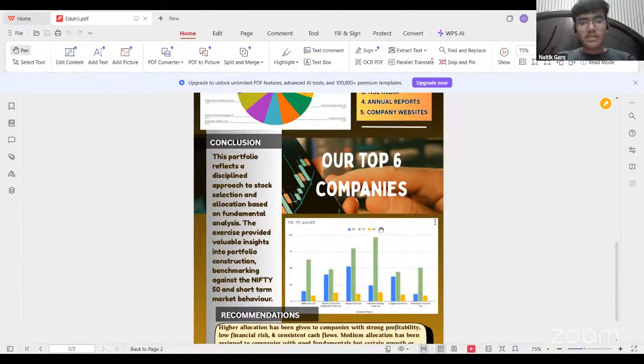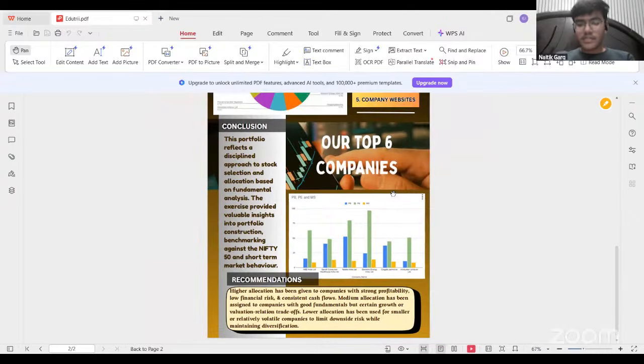So these are our top 6 companies which we have selected in the comparison between PE, PS, and MS. In conclusion, I have to say that this portfolio demonstrates a systematic method of choosing stocks for allocation based on fundamentals, helping portfolio building and comparison with our benchmark Nifty 50 and the short-term market.